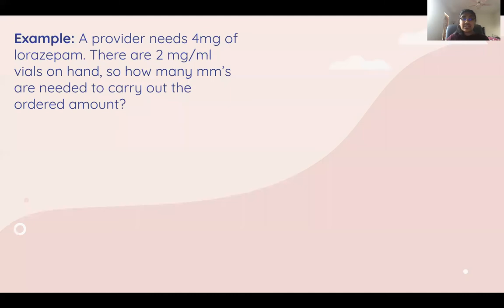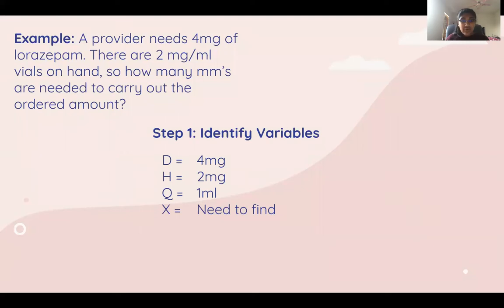So now let's look at another example. A provider needs 4 milligrams of lorazepam. There are 2 milligrams per milliliter vials on hand. How many milliliters are needed to carry out the ordered amount? As we did before, let's identify the variables: D, H, Q, and X, where D is 4 milligrams, H is 2 milligrams, Q is 1 milliliter, and X is what we need to find.